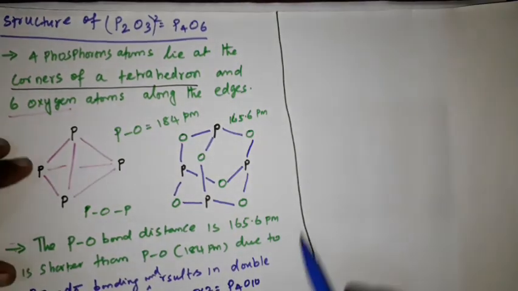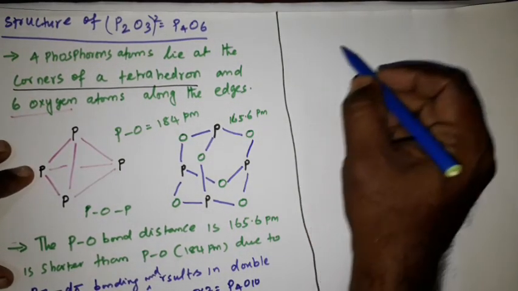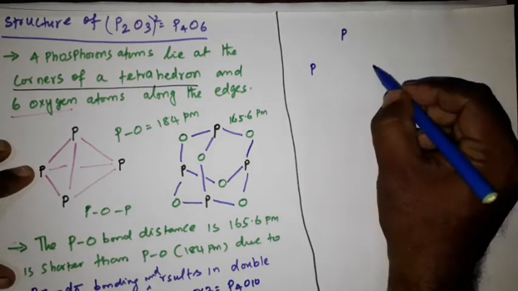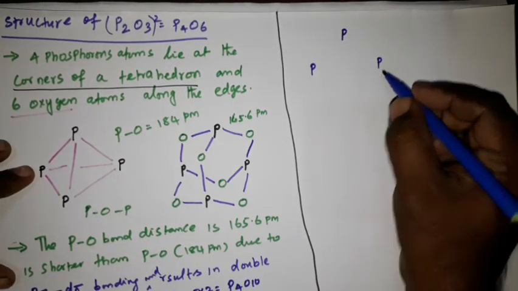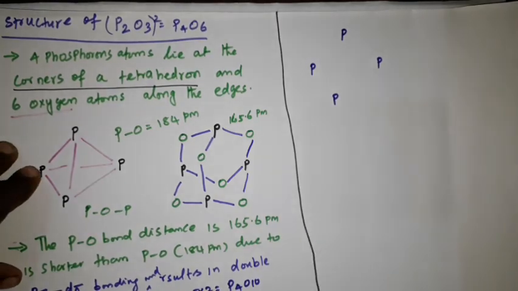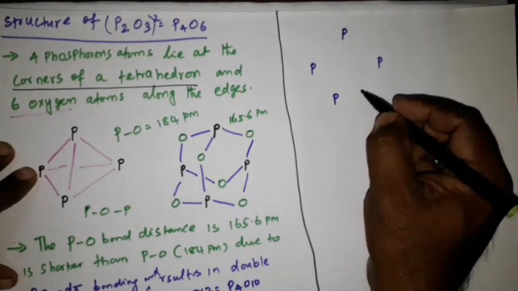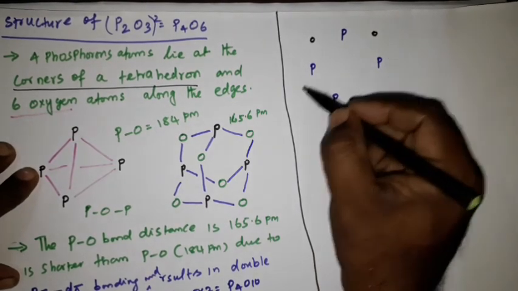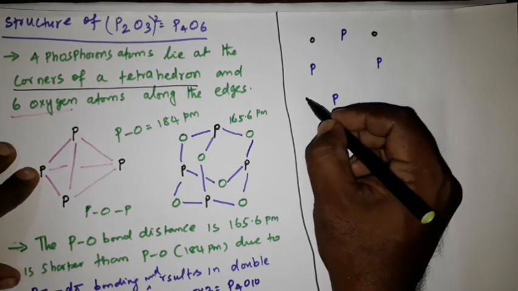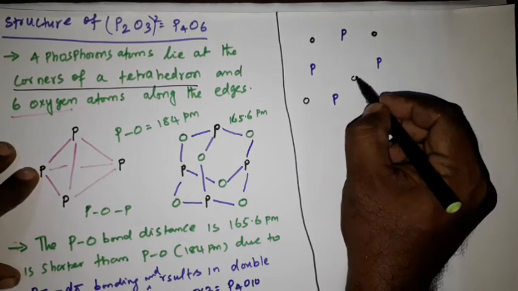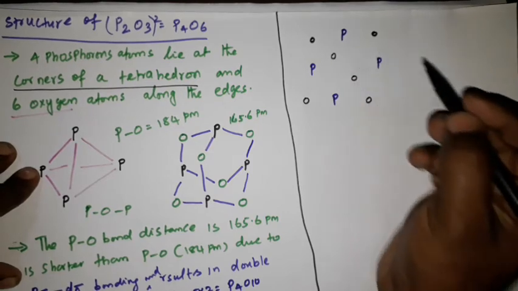So first draw that phosphorus tetrahedral structure. There is phosphorus, here one phosphorus, here one phosphorus, then here one phosphorus. Now draw oxygen atoms on the edges of the structure. Here one oxygen, here one oxygen, in between these two phosphorus one oxygen, and here one oxygen.